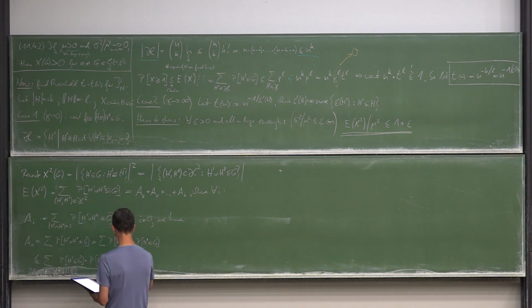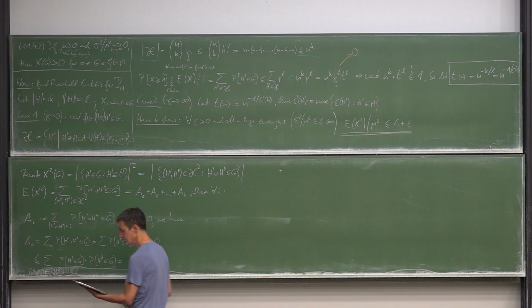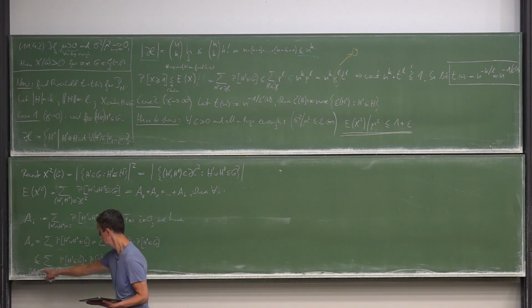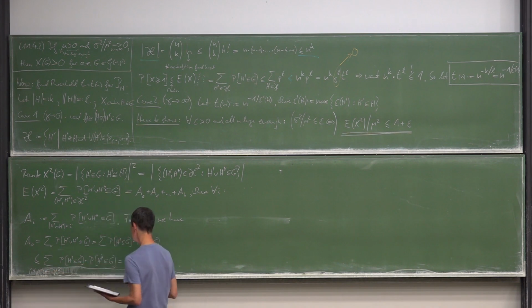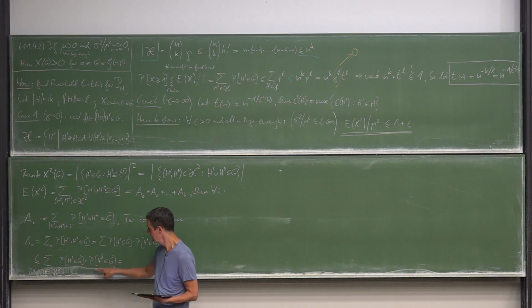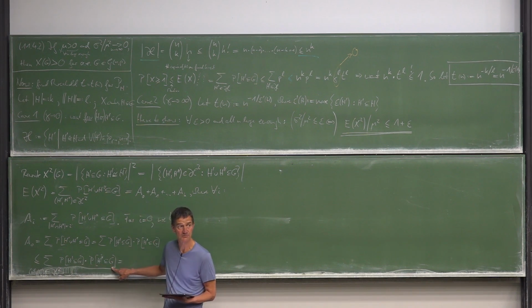But this is easier to compute because here we're summing over these squares, and this has nothing to do with H double prime, and this has nothing to do with H prime.